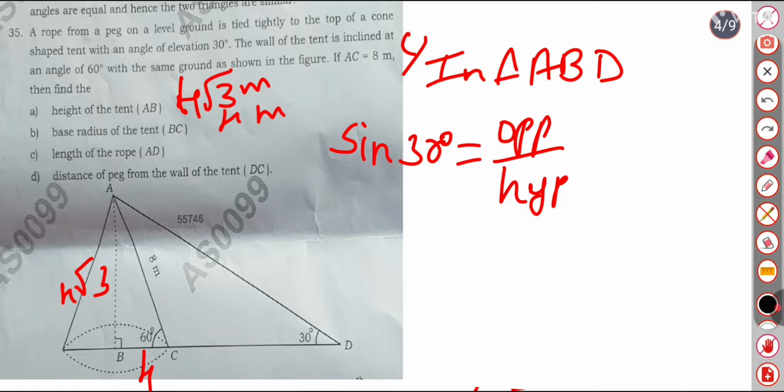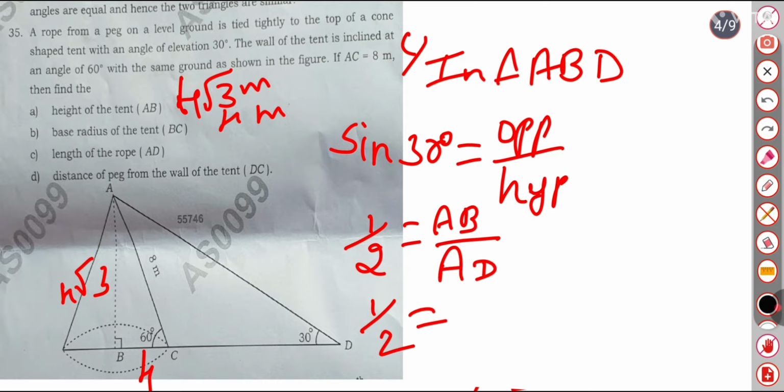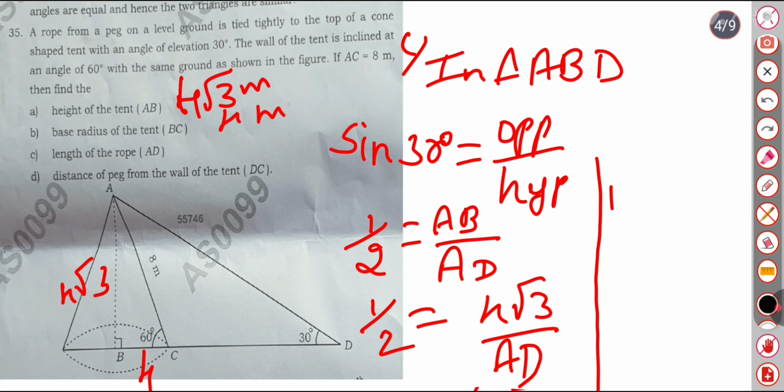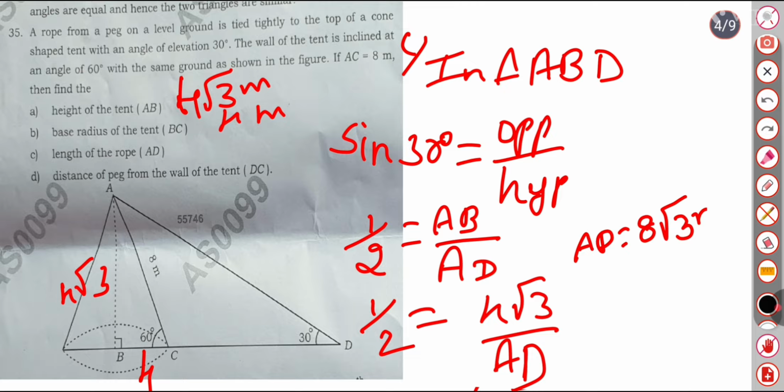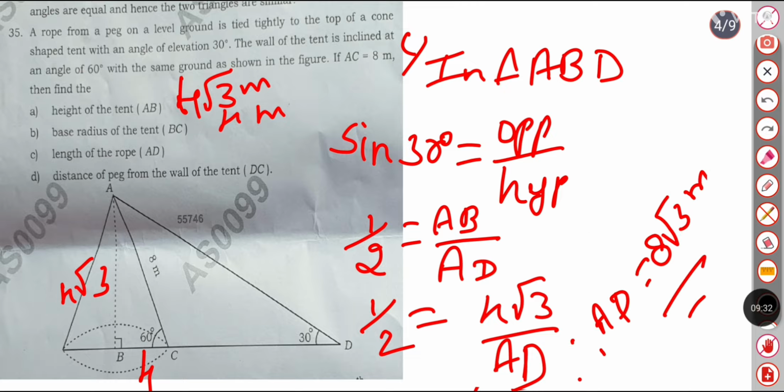Sine 30 value is 1 by 2, equal to opposite AB by hypotenuse AD. So 1 by 2 is equal to 4 root 3 by AD. If we cross multiply, AD is equal to 4 into 2, which is 8 root 3 meters. So AD also we got.